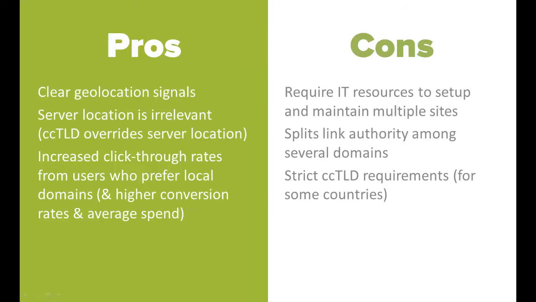So you tend to see higher click-through rates and also higher conversion rates and average spend, since French users, for example, tend to like French sites, and that's true for a lot of users in different locations, where if they feel like your site is specifically designed for them, then they're going to know they're in the right place and put more trust in your product or service.